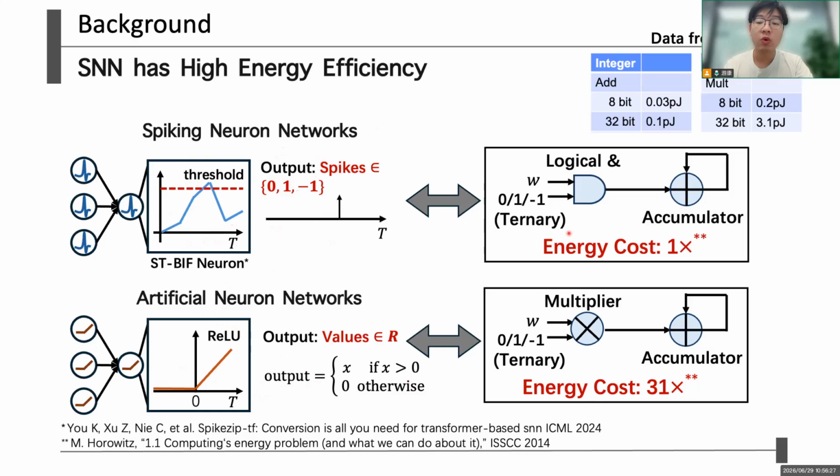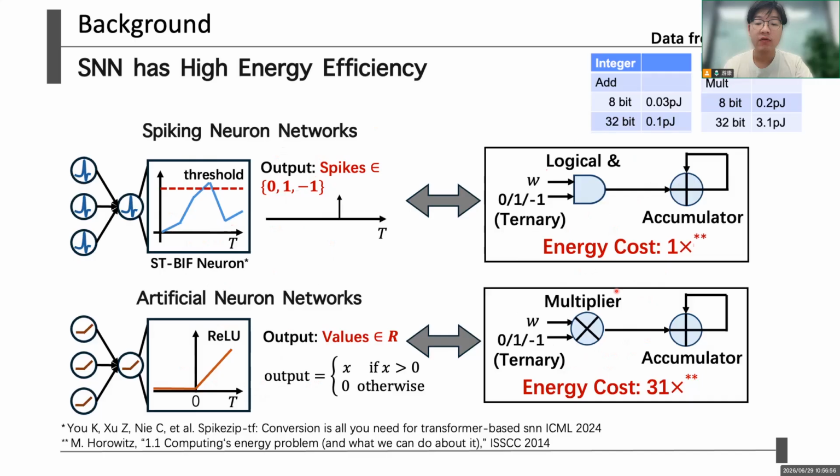As shown by the right two figures, this spike-based computation in SNN can be realized using simple adders and logic operations in hardware. In contrast, ANN computation requires expensive multiply-accumulate units. As a result, SNN can substantially reduce both computational energy and hardware area.